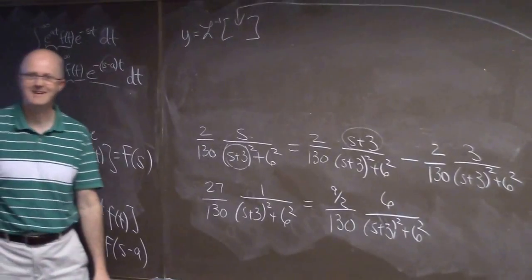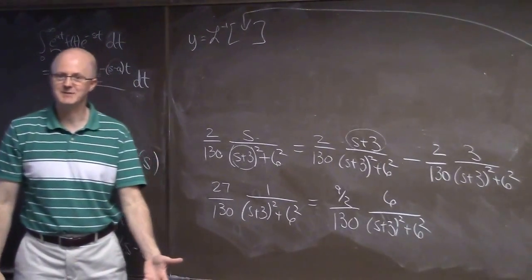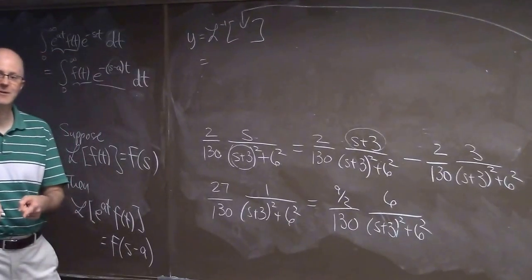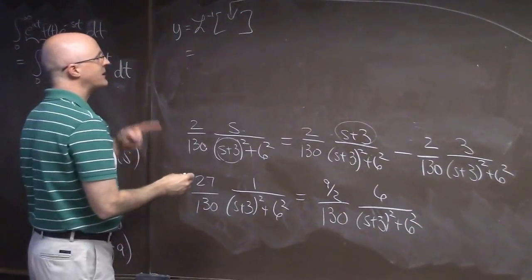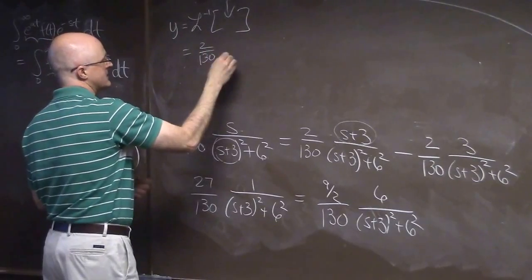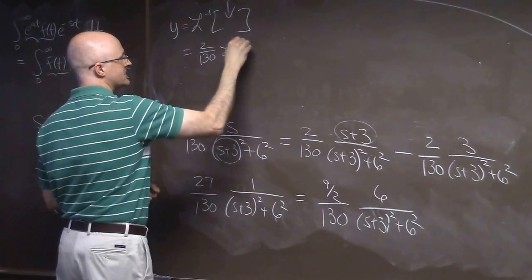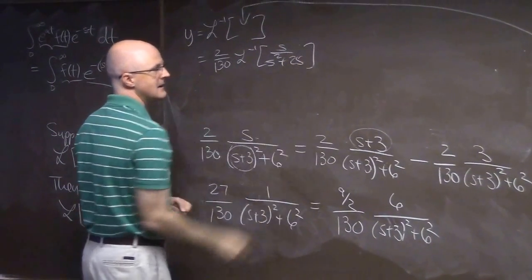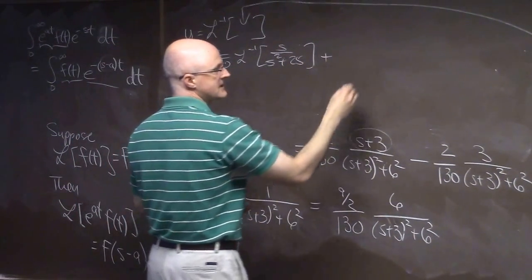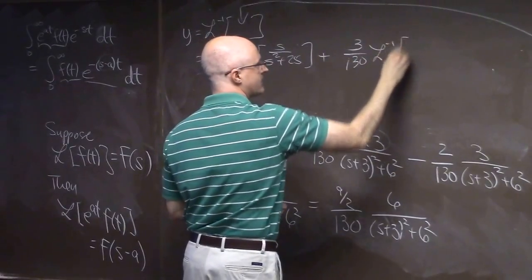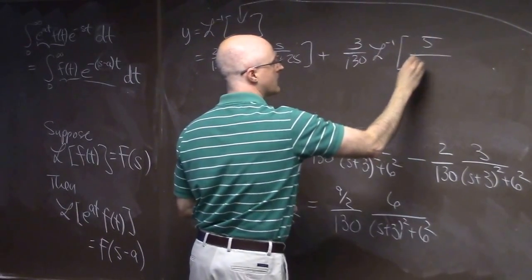Can I save time that way? The inverse Laplace transform is linear. You should know that. Therefore, you can write this as 2 over 130, which is 1/65, times the inverse Laplace transform of s over s squared plus 25, plus 3 over 130 times the inverse Laplace transform of 5 over s squared plus 25.